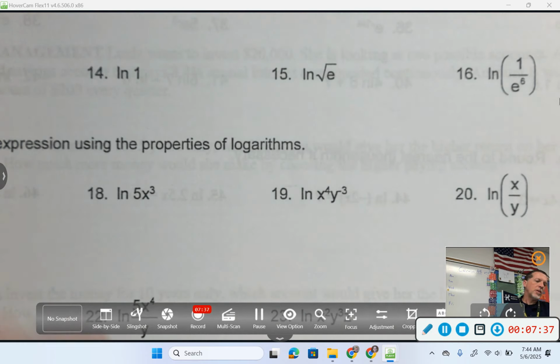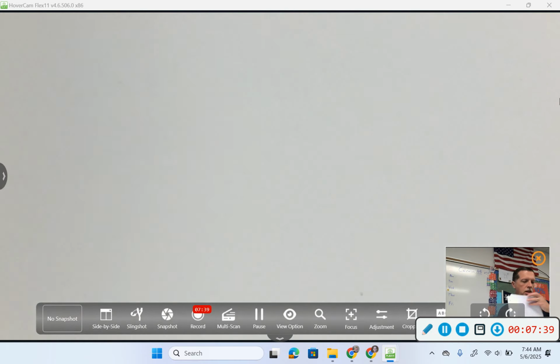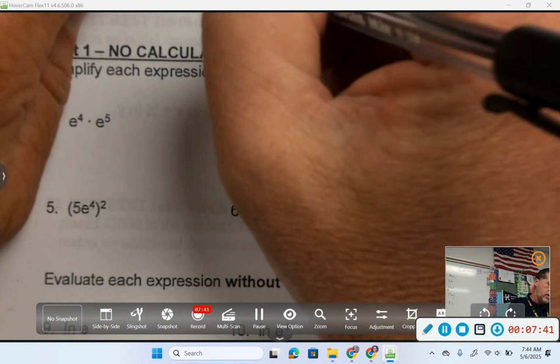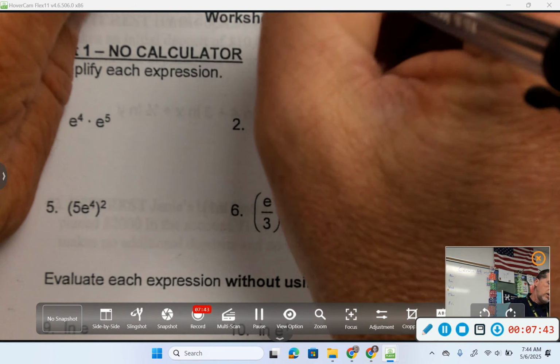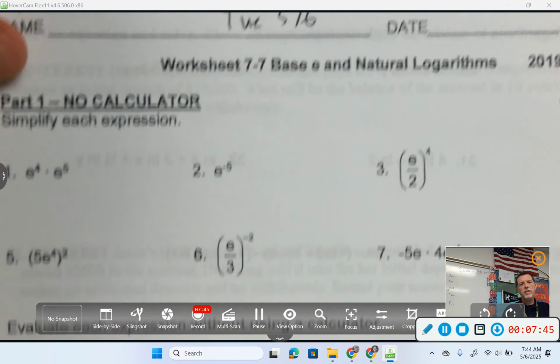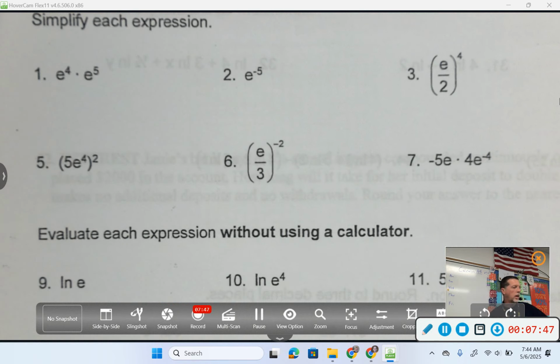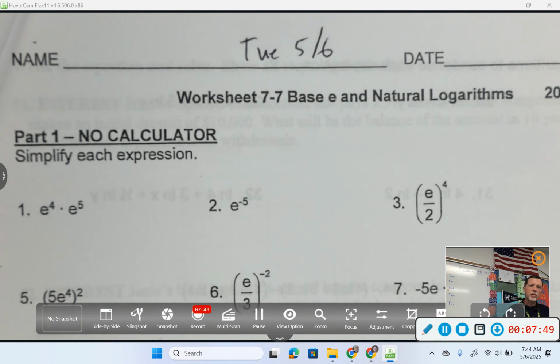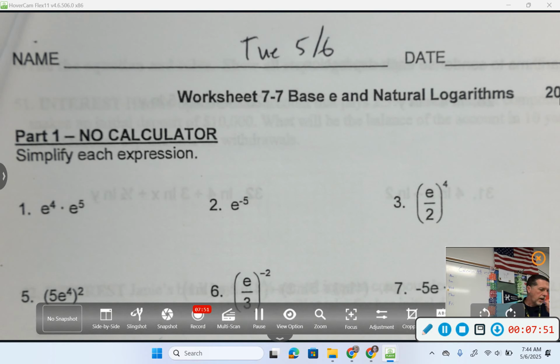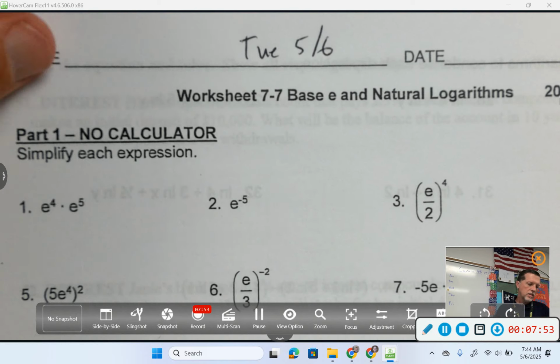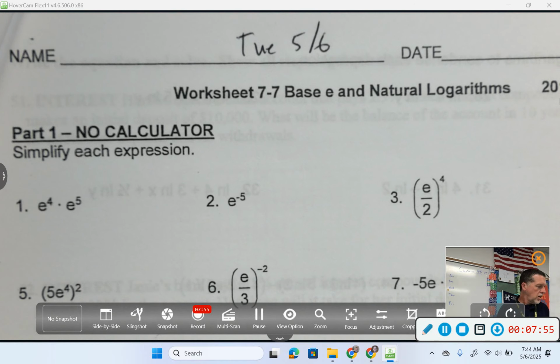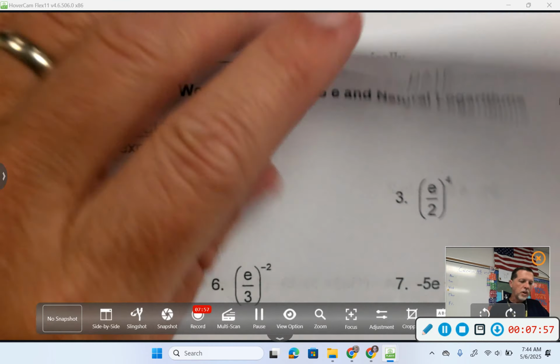Now, let's do some examples together off of the worksheet. Cinco de Mayo is today, so that next worksheet is Tuesday, 5/6. Part 1, Part 2, all of them, yes.